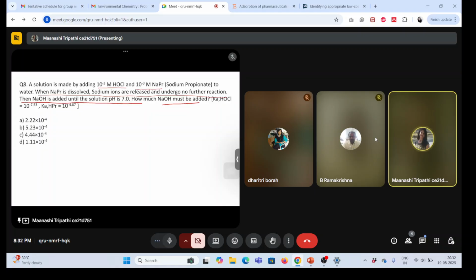So what all things are there? 10 raised to power minus 3 HOCl, then 10 raised to power minus 3 NaPr, then some X amount of NaOH. pH is 7, so H plus is 10 raised to power minus 7.